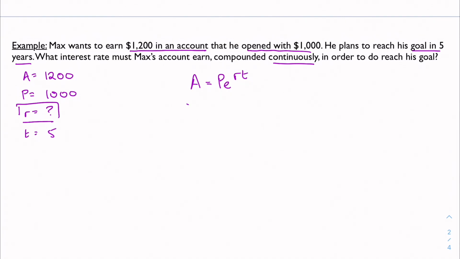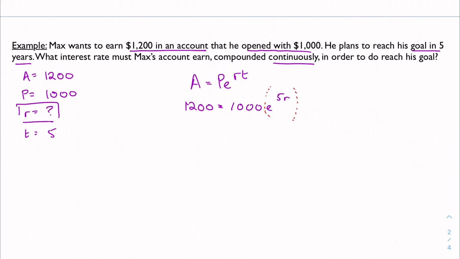Let's plug in. 5r. Again, order of operations. I cannot combine those. I cannot multiply the 1,000 and the e. There's like invisible parentheses here.